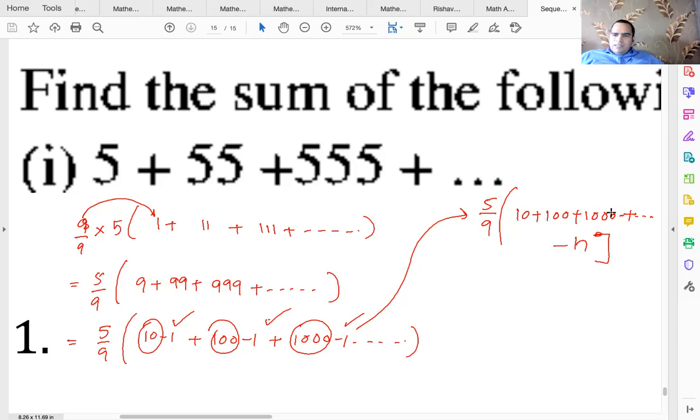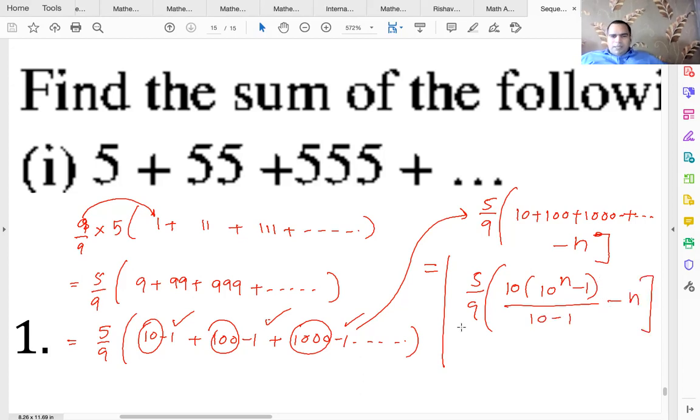And now comes this part, which is obviously the geometric sequence. You can apply the formula for the sum: Sn is u1 times the ratio, 10 to the power n minus 1 over 10 minus 1, and minus n, of course.